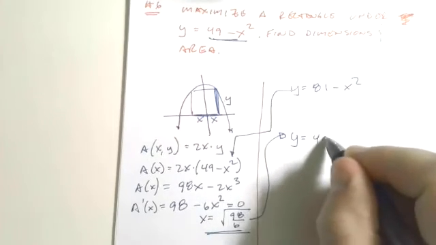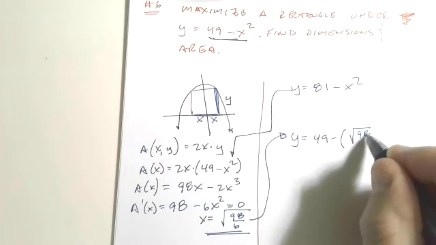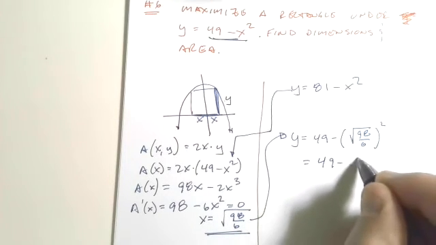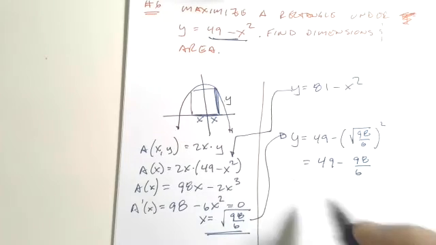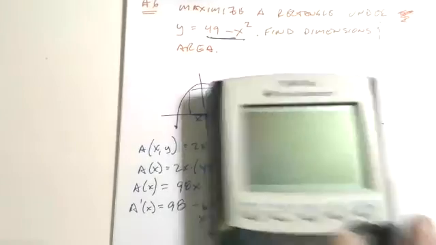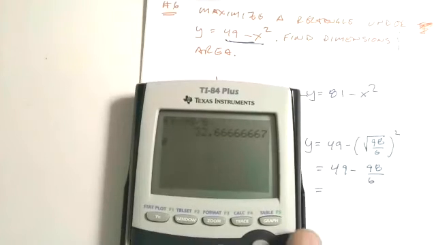All right. So first, let's just do y for the fun of it. So the y value is 49 minus the x value, square root of 98 over 6 squared, also known as 49 minus 98 over 6. Now, AP standard, and I got my calculator out here, is 49 minus 98 divided by 6, 32 point this.